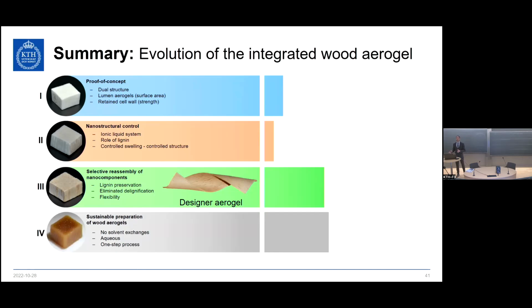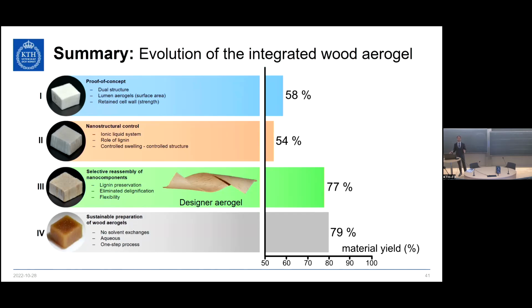And in the last work, we could perform a more sustainable preparation of the wood aerogels, and we could exclude all solvent exchanges, use a completely aqueous-based system, and we could perform this in a one-step process. But also very importantly, throughout this work, is that we managed to increase the material's yield. This means that we are using more of what nature gave us. And I think this is also an important aspect of working on natural materials.